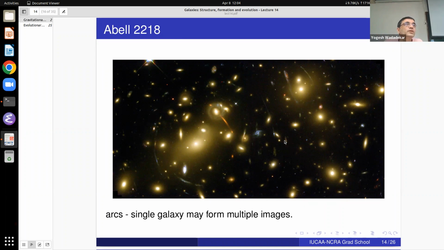This kind of work can only be done with HST because you need that kind of resolution in order to make sure that the arc is not washed out. If you take an image of this cluster with a regular ground-based telescope, you will find that the arcs are all washed out.